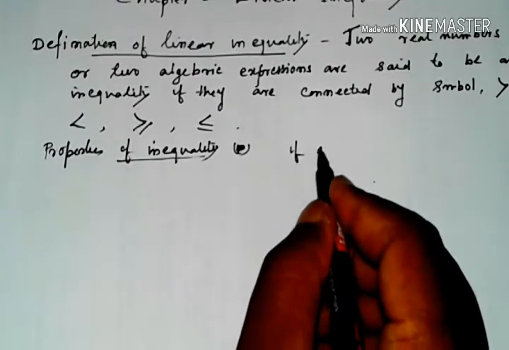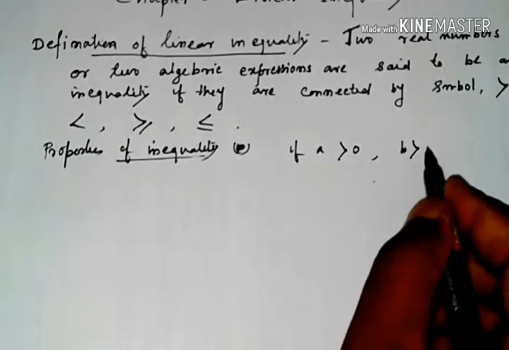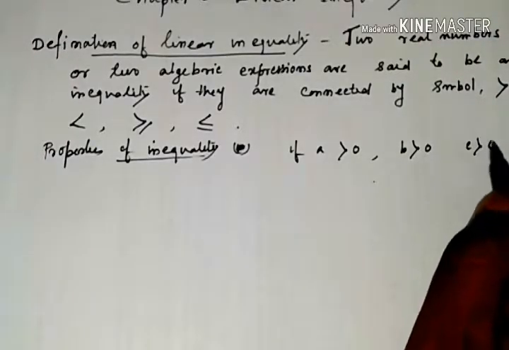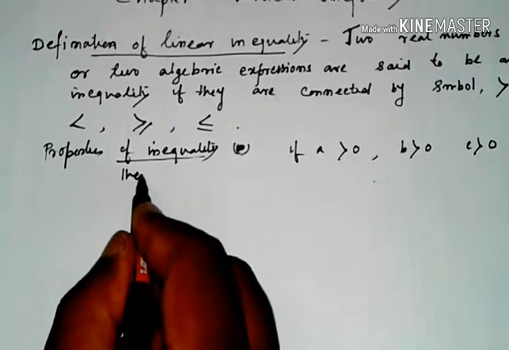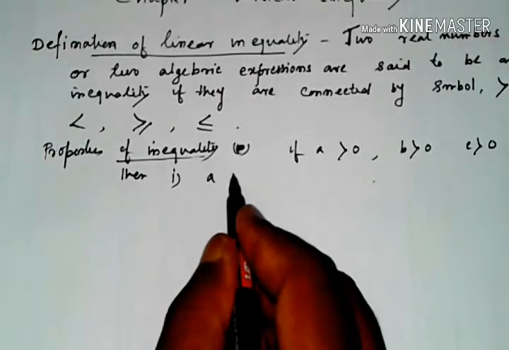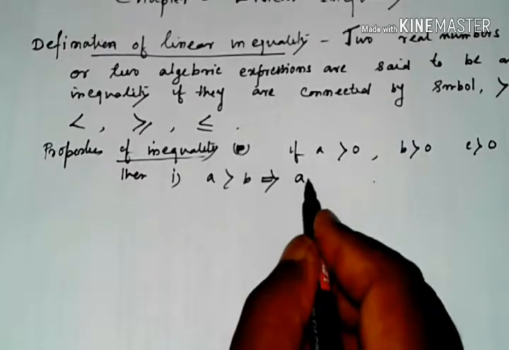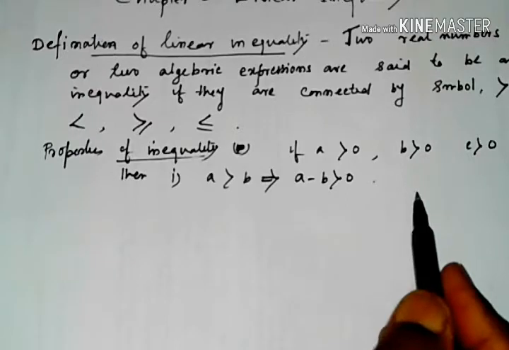If A greater than 0, B greater than 0, C greater than 0, then the first property is: A greater than B implies A minus B greater than 0.